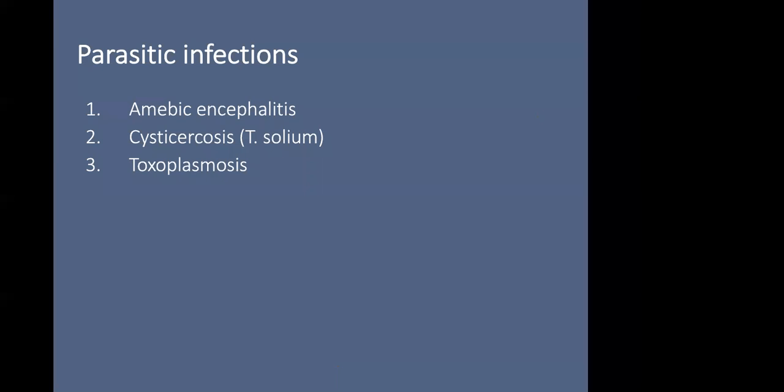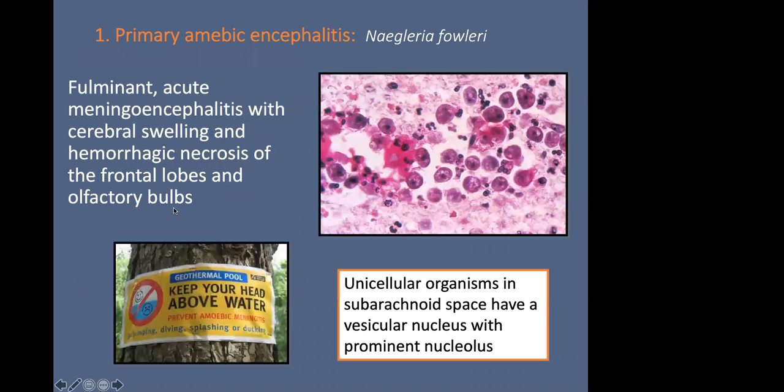Parasitic infections, very important are amoebic infections, cysticercus, and toxoplasmosis. Free-living amoeba, usually these are fulminant fatal disease, and two species are important. The first one is Naegleria fowleri, which causes primary amoebic encephalitis.